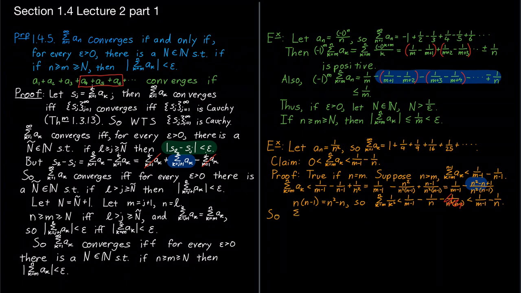So we've got our partial sums less than 1 over m minus 1. So as before, our infinite sum converges.